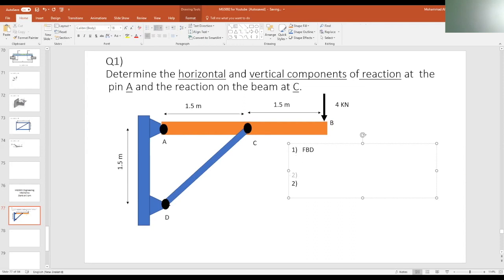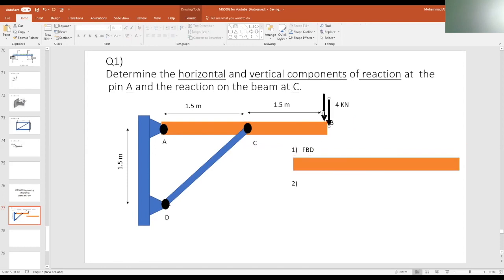In this example, the area we're trying to study is highlighted in orange. So I'll bring this orange bar and put it here and I'll try to allocate the forces on it. I'm just copy-pasting the information so it will be easy.